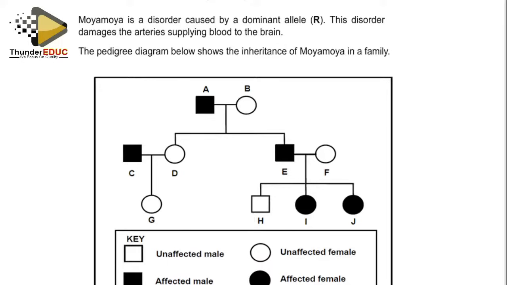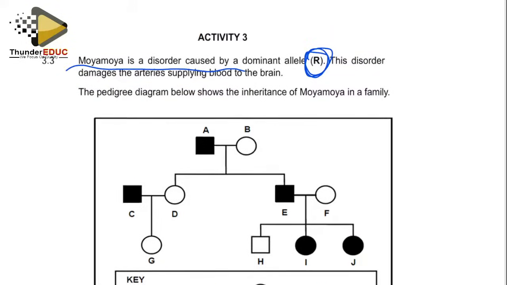Okay, here it is saying that this disorder is caused by an allele. You see, this disorder damages the arteries supplying blood to the brain. The pedigree diagram shows the inheritance of this disorder in the family. Did they mention that this is sex linked? No, they didn't.